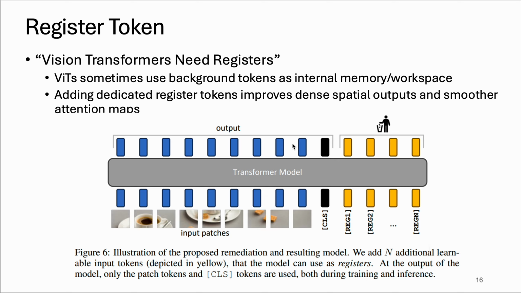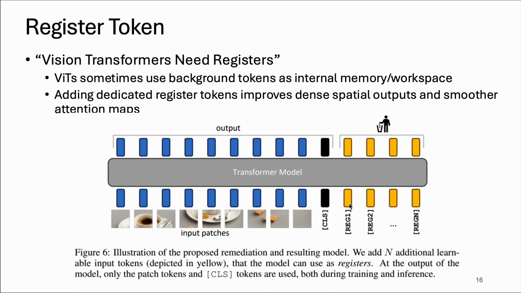Then on the output side we collect the transformed image tokens and the CLS token as output. The so-called register token is similar to appending a CLS token to the input.